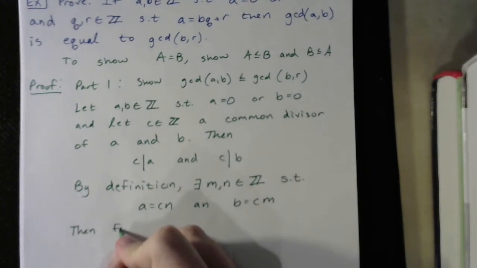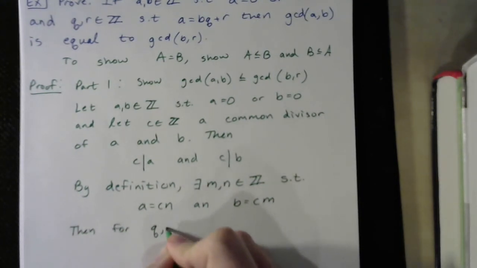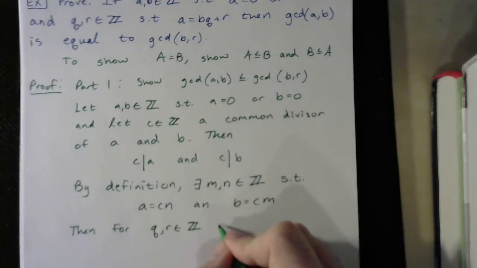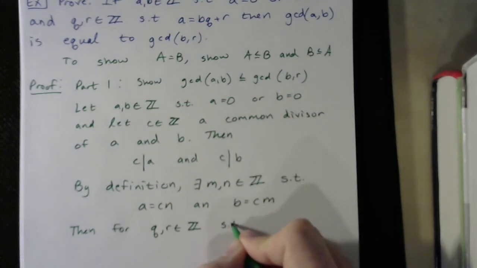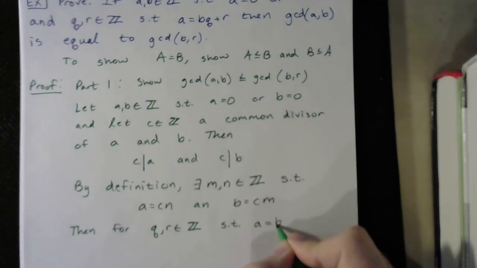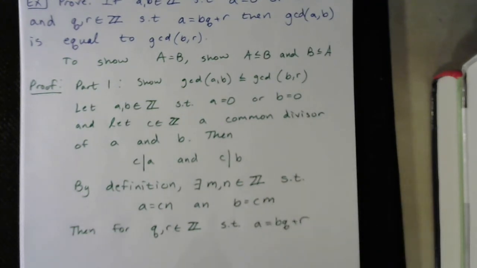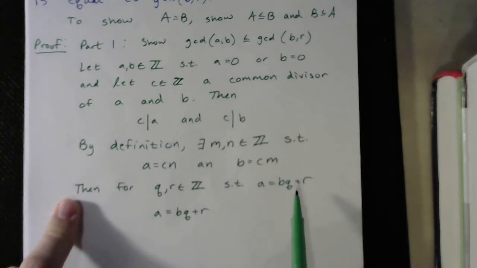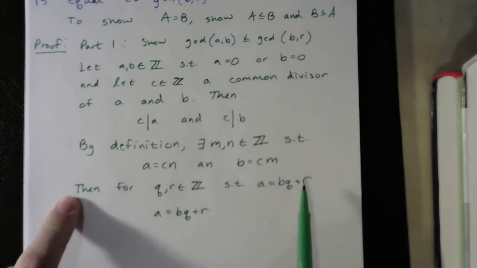Then, for Q and R in Z such that A equals BQ plus R. Well, A being BQ plus R. The reason we can just state this here is because we can always construct, using the division algorithm, a Q and an R that make this work.